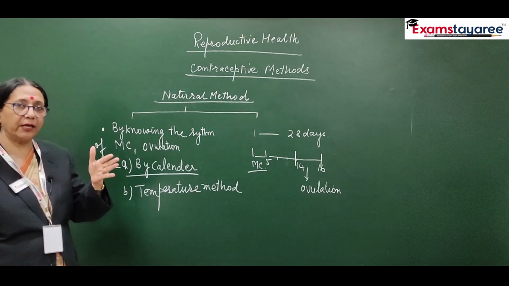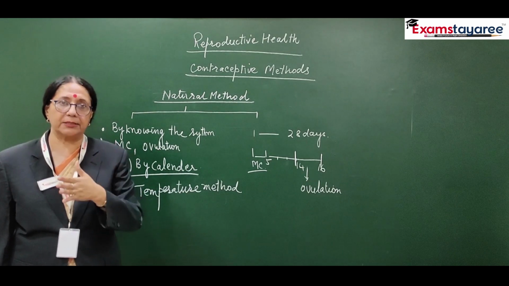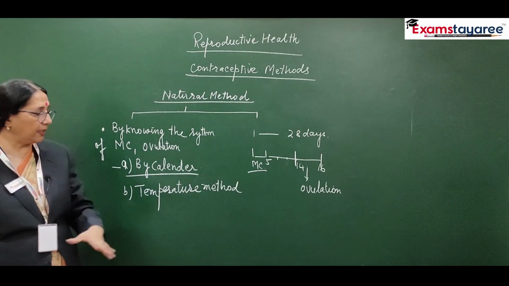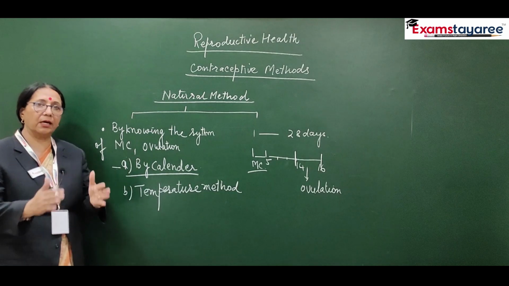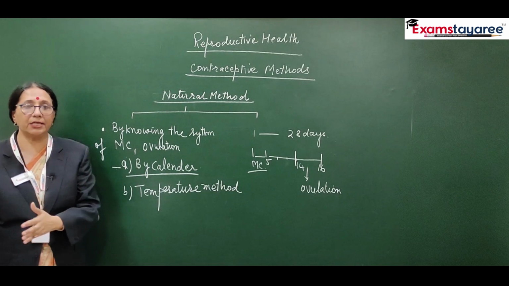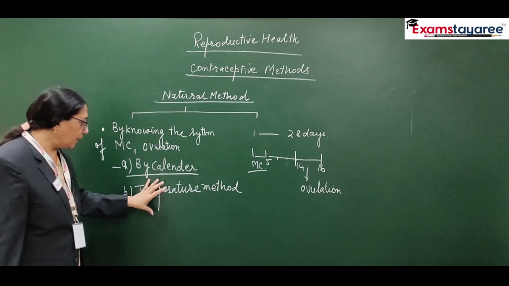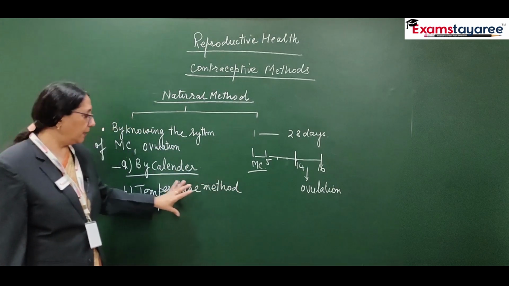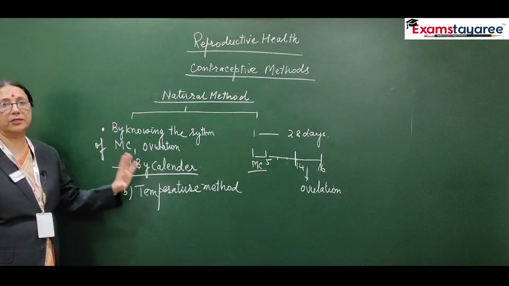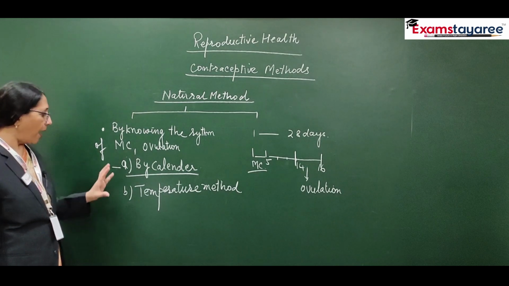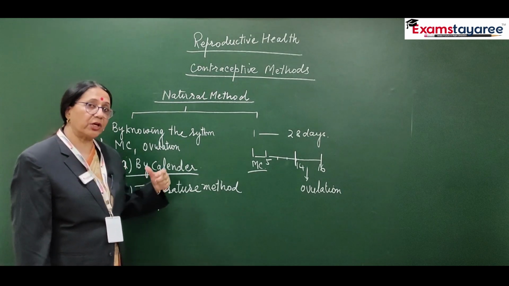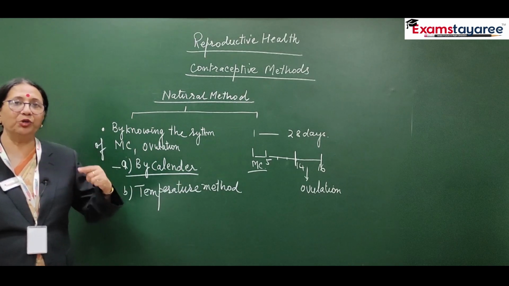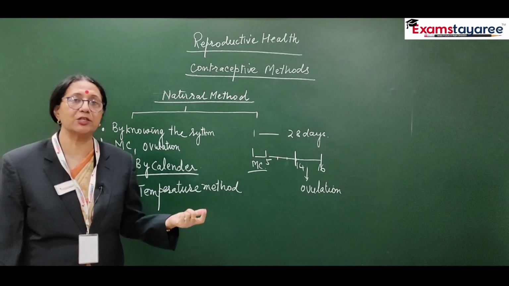That she has to see for a few months, and then she will understand that these are her particular days when she is ovulating. So those days coitus should be avoided, and then the pregnancy can be avoided. But the temperature can go up and down due to different reasons also.